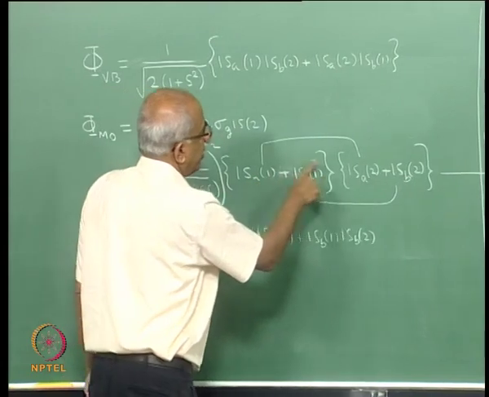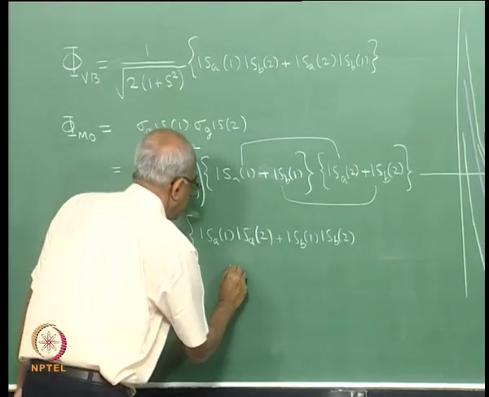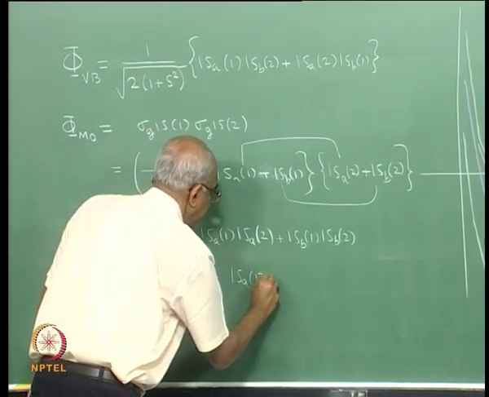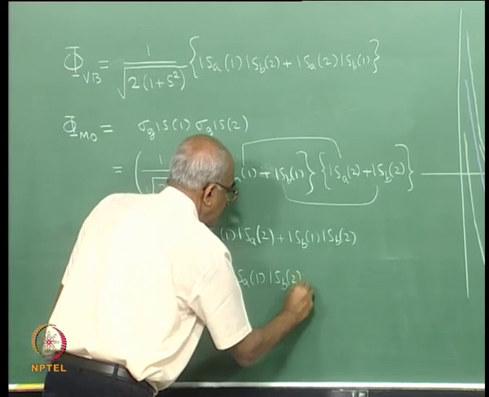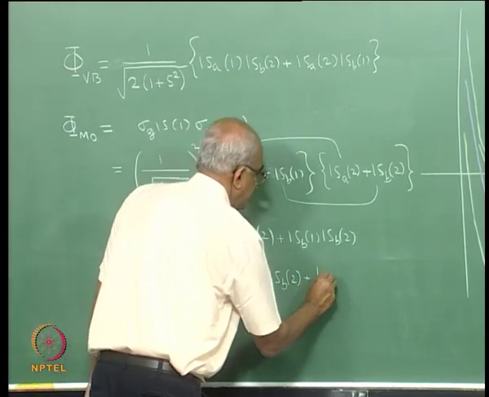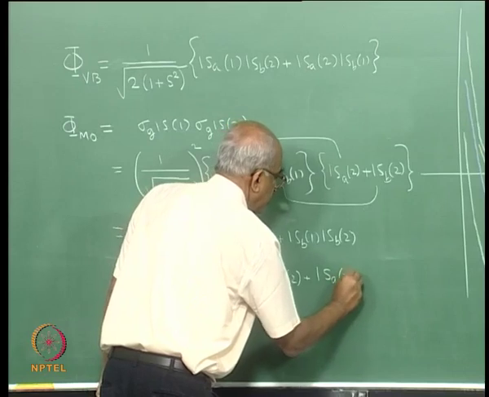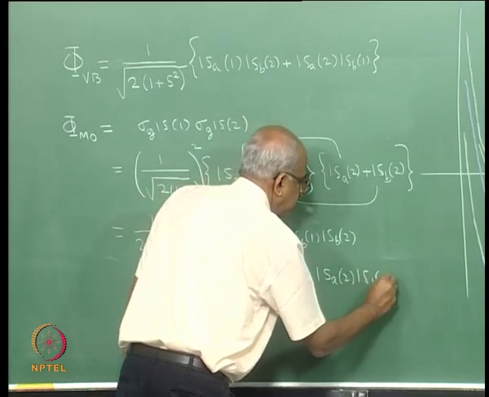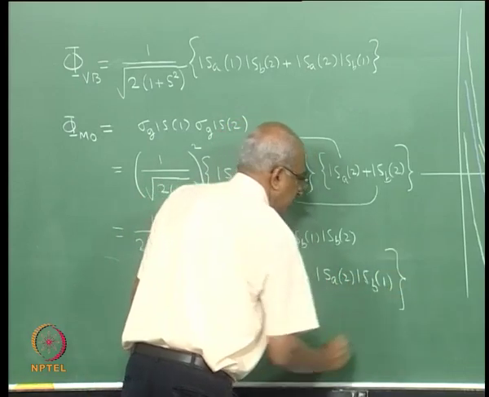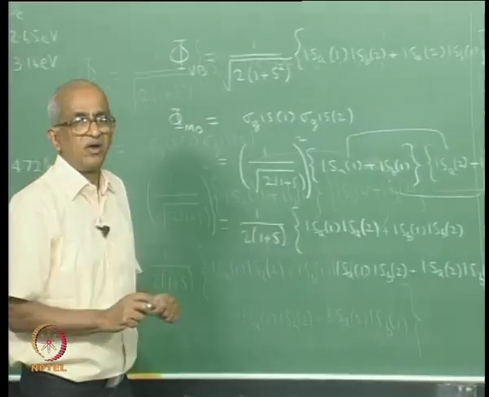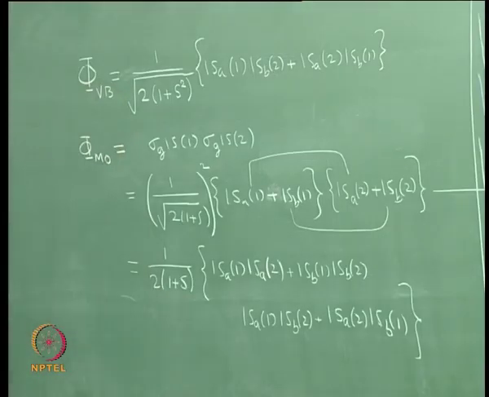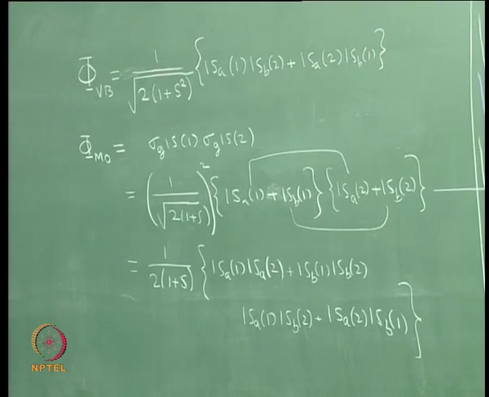So, this multiplying that is actually 1s A1, 1s B2 plus 1s A2, 1s B1. So, this is exactly what my molecular orbital wave function is for the hydrogen molecule. Is it okay, or have I made a mistake? I do not think I have made a mistake, right.